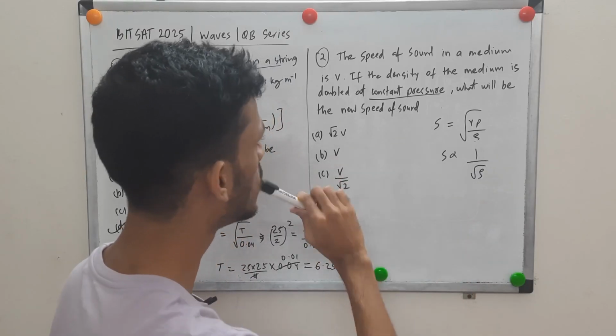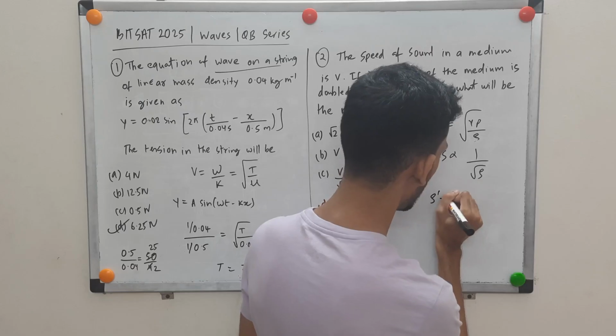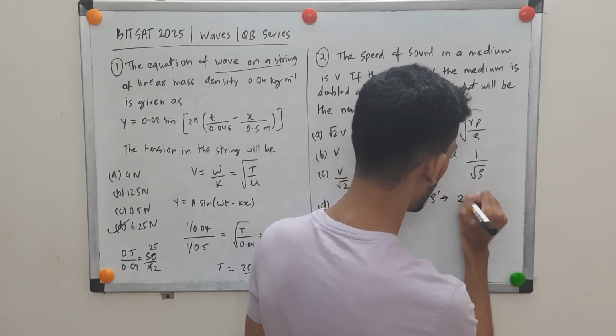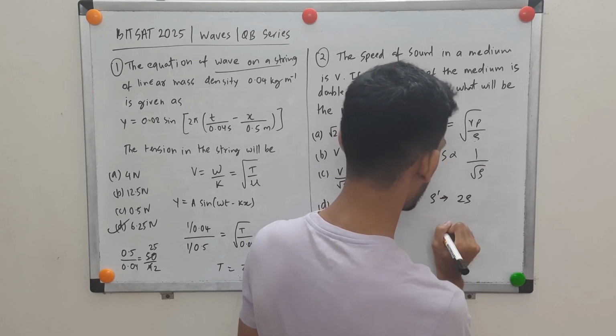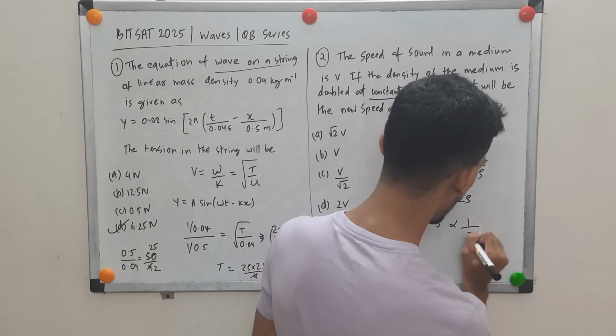Okay, so what will be the new speed if the density of the medium is doubled? So rho dash is 2 times rho. Okay, so this I can say s. So s dash, the new speed, will be somewhat like this. So 2 times of rho, right?